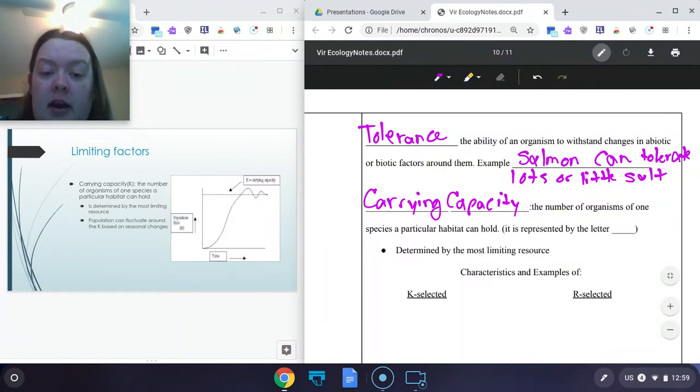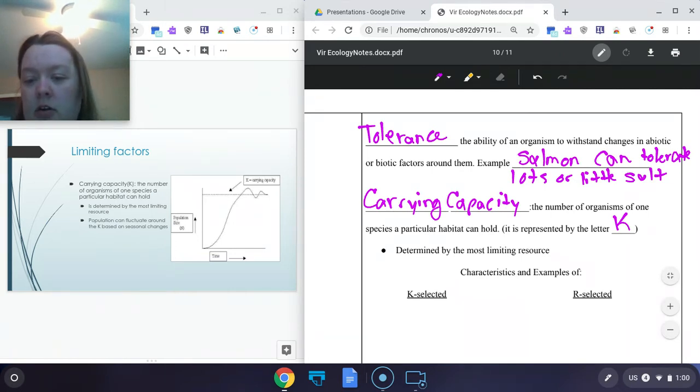And carrying capacity is going to be represented with the capital letter K. And carrying capacity is going to be determined by the most limiting resource. So if the most limiting resource that I have is food, food is going to determine my carrying capacity.